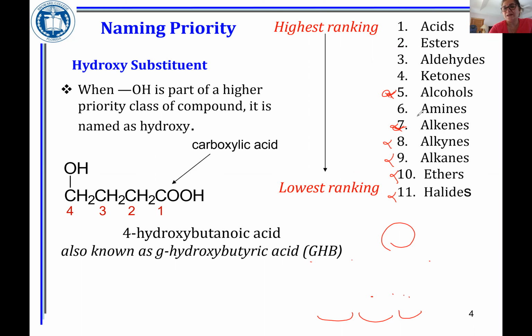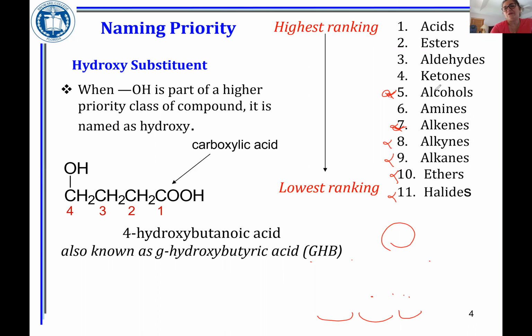For the ones that you have learned in this course, you must know the priority. So far, alcohol has the highest priority. What does it mean? It means that if your molecule contains two functional groups, you have to focus on the one that has high priority in terms of starting the numbering system.